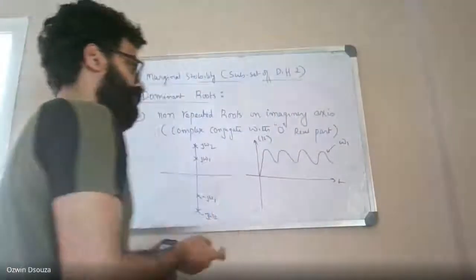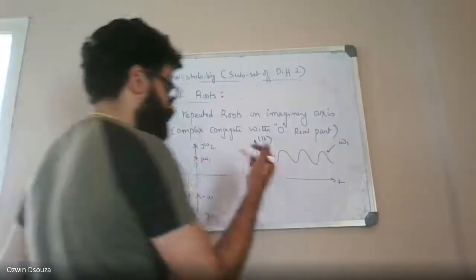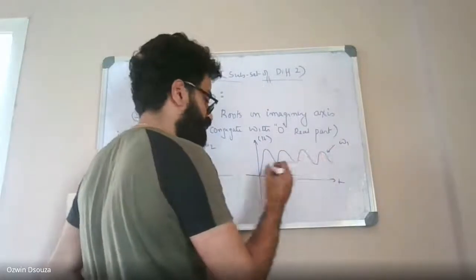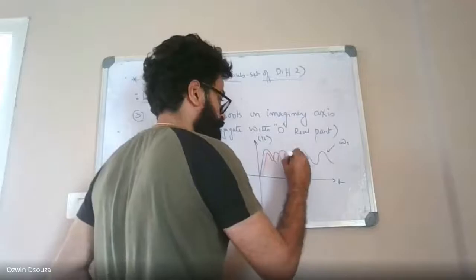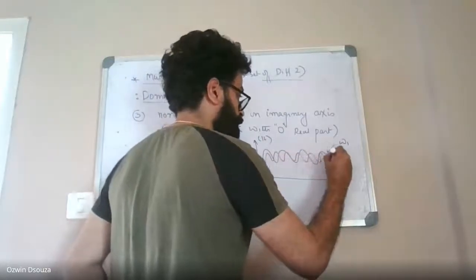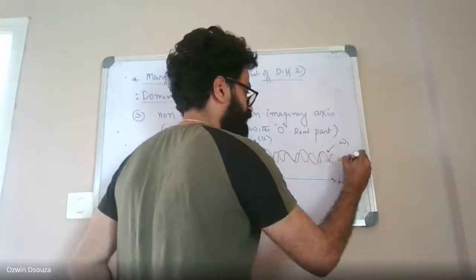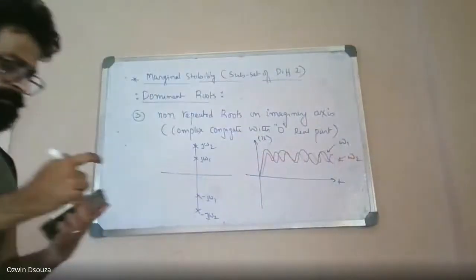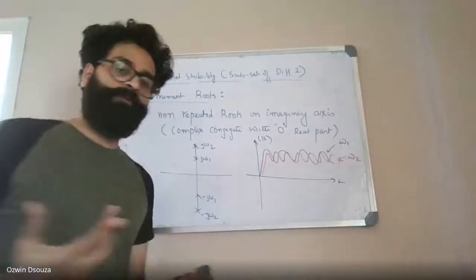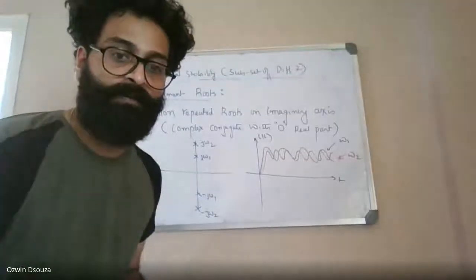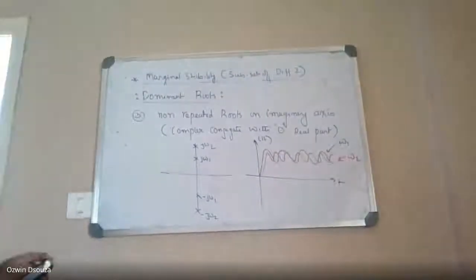One oscillates with omega 1 and the other oscillates with omega 2. So probably I can use a red color. So this red stands for omega 2. Amplitude, I don't know, they will have different amplitudes, or probably they can even have the same amplitude. It depends.